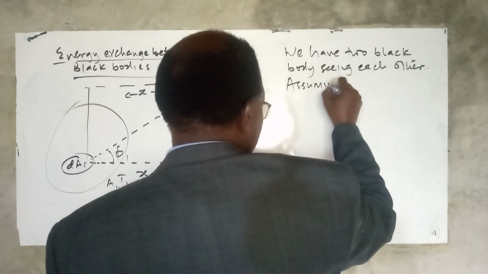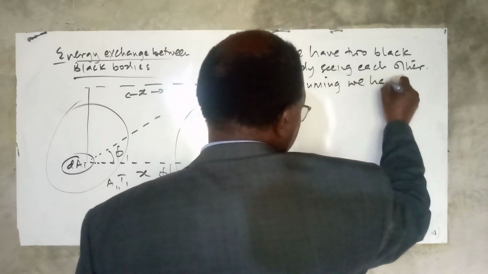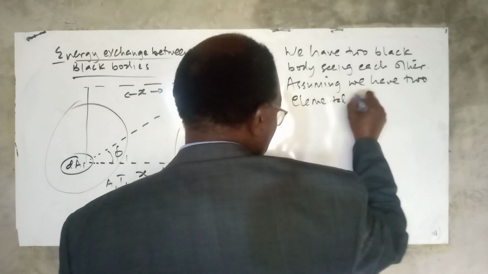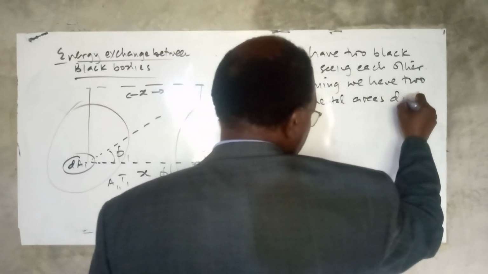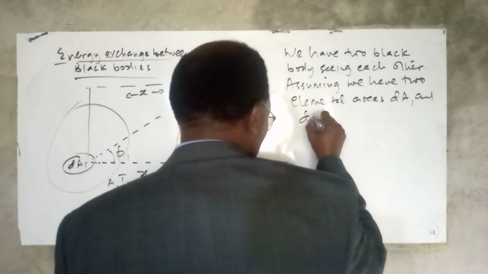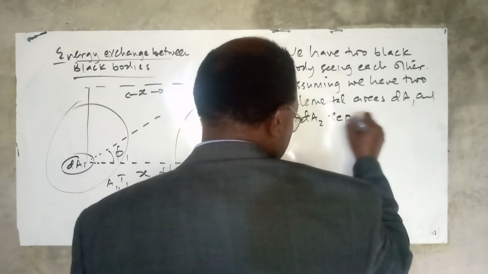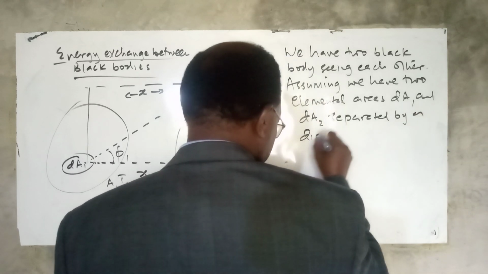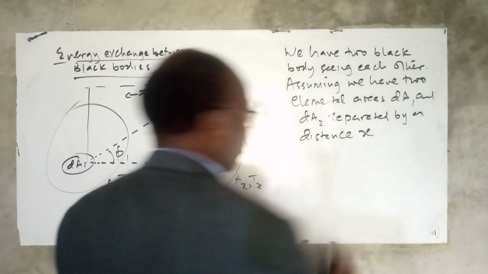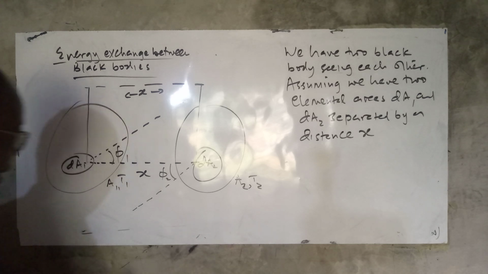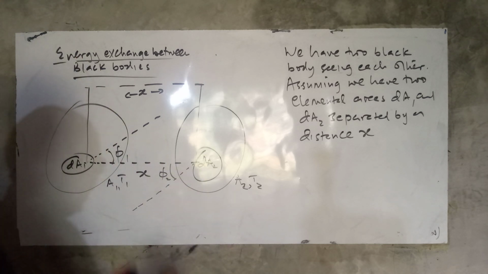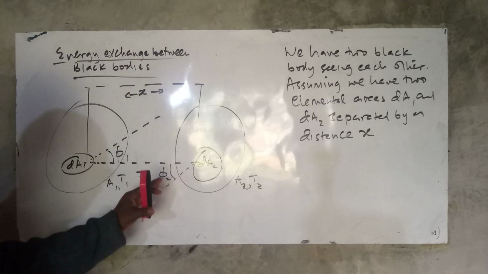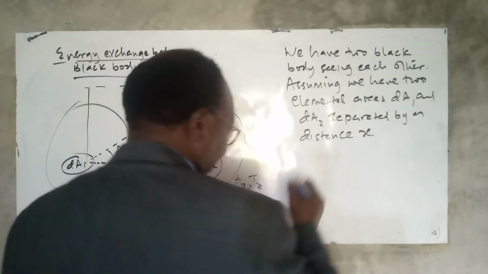Assuming we have two elemental areas, dA1 and dA2, separated by a distance x. And secondly, the most important assumption, we have said that the normals to those elemental areas are inclined at certain angles. For one, it's inclined at angle phi 1, for two, at angle phi 2 from the line x joining them.